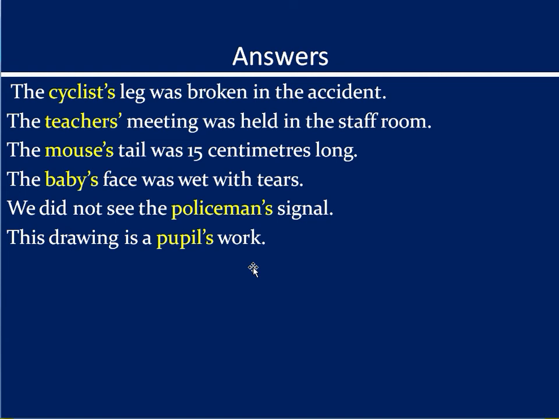The mouse's tail was 15 centimeters long. Here we are adding only apostrophe s because it's singular. The baby's face was wet with tears. Apostrophe s is added. We did not see the policeman's signal. This drawing is a pupil's work.